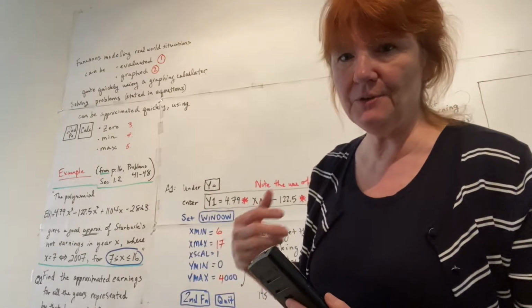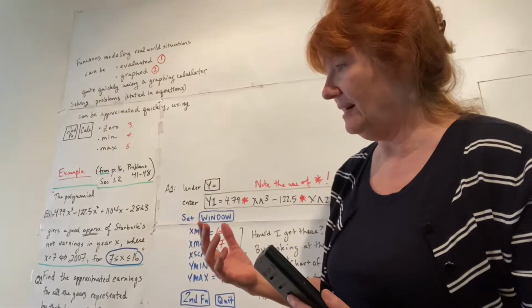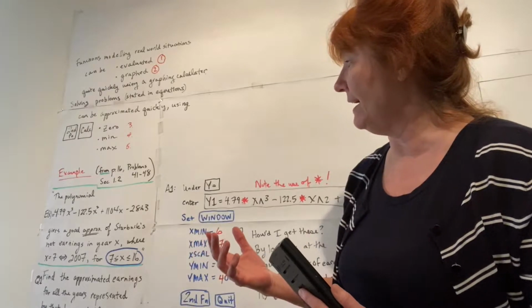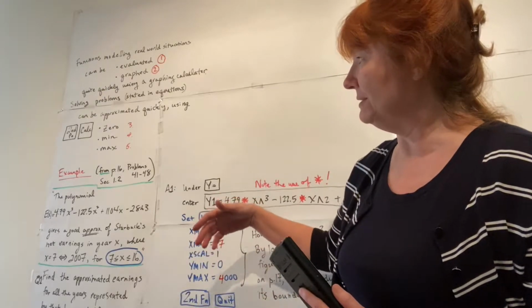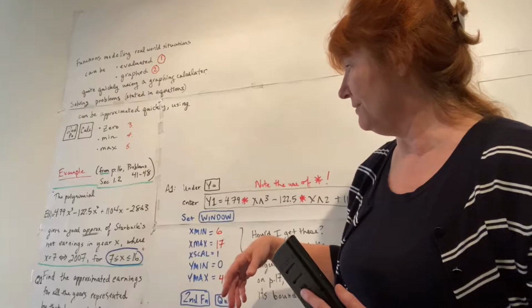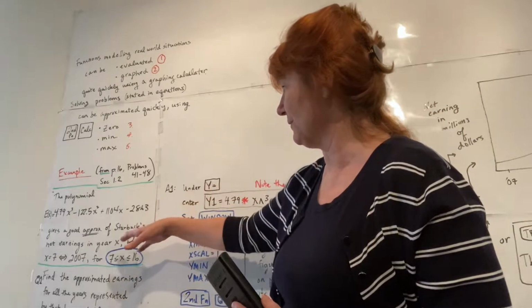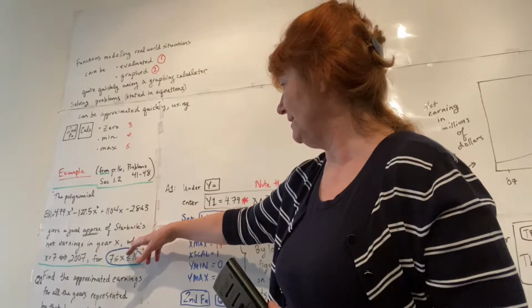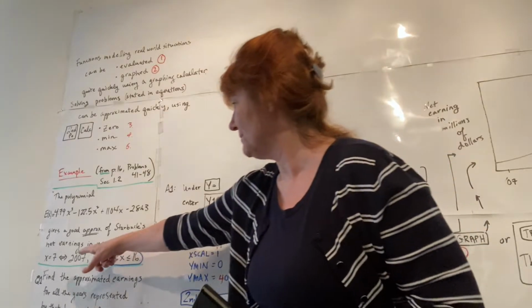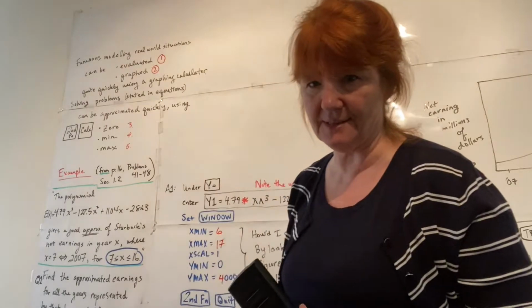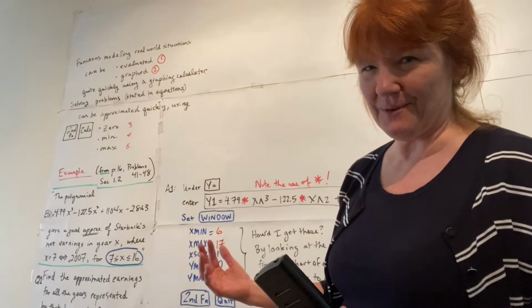In section 1.2, already you have questions where you're asked to look at a polynomial model of the earnings of a company. Here it's Starbucks net earnings in year X, where X equal to 7 corresponds to 2007. So you have to figure out what's going on there.